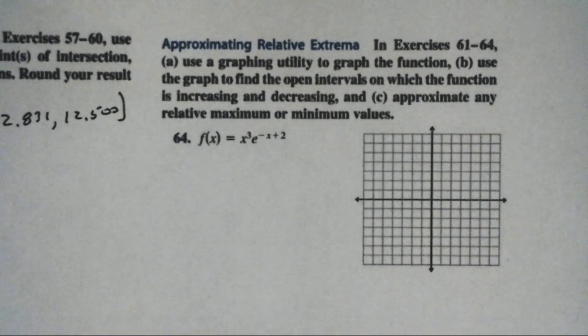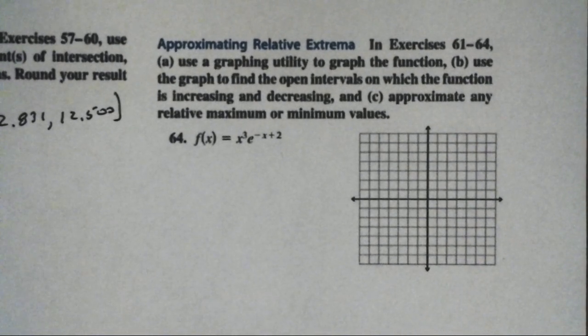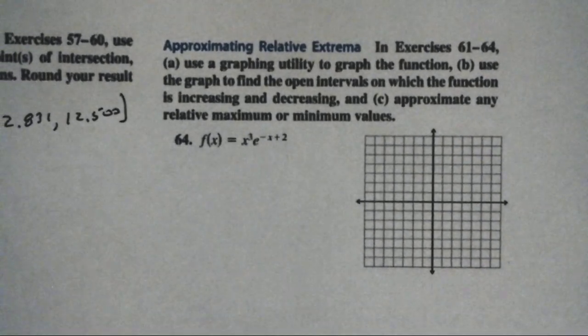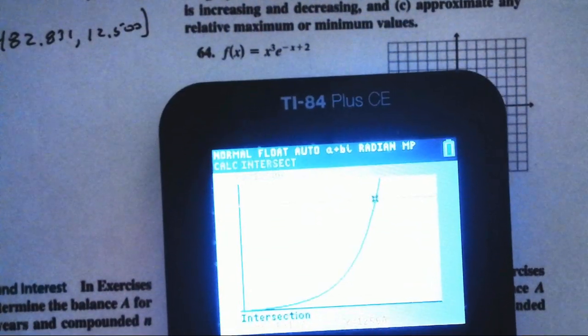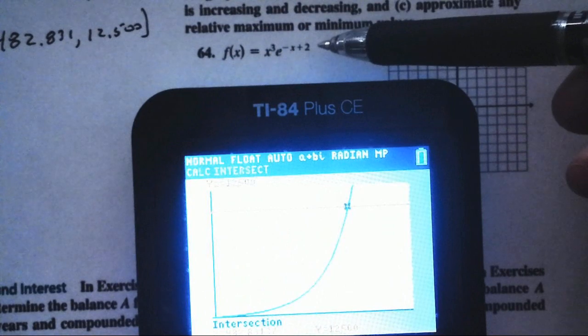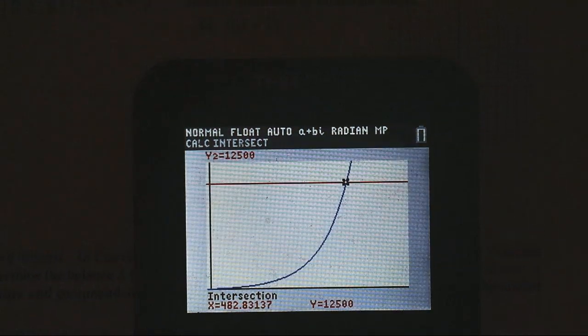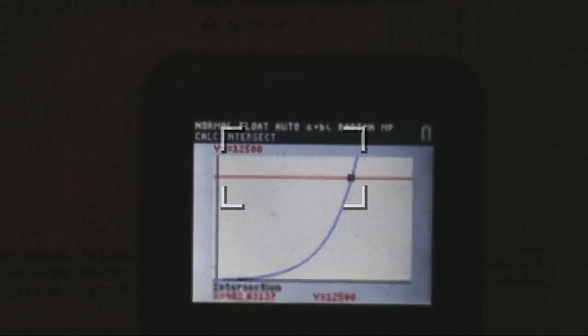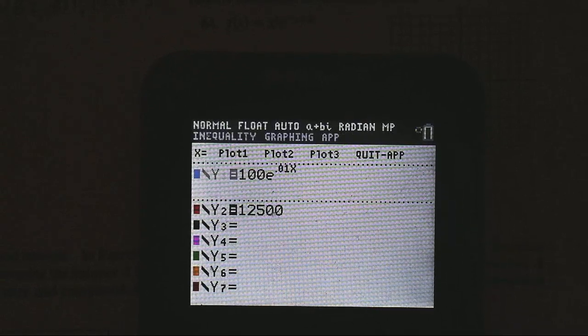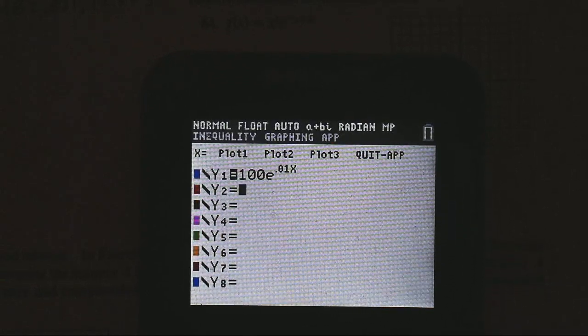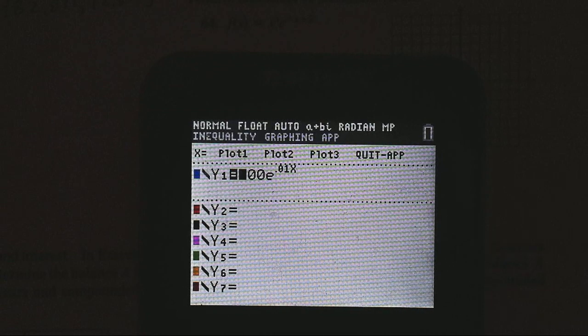Okay, approximating relative extrema. That's mins and maxes. So here we've got another function we're going to graph. I'm going to ask you to trust me that I'm going to just graph this function so you can see what's going on here. We'll reset our window. Y equals, clear out that one, and clear out this one.